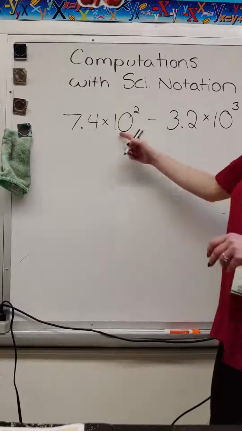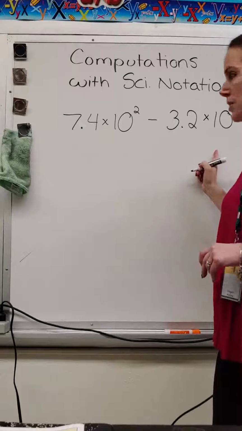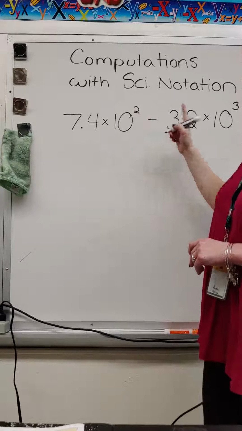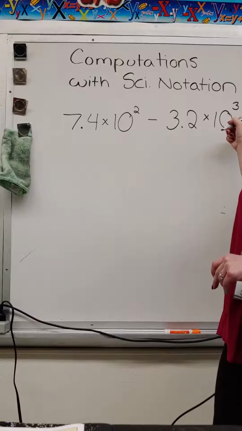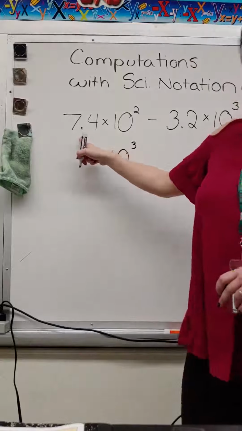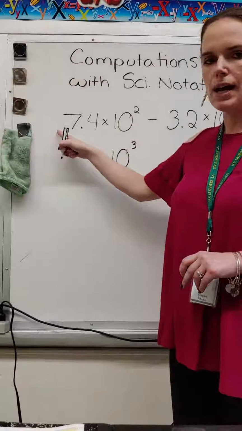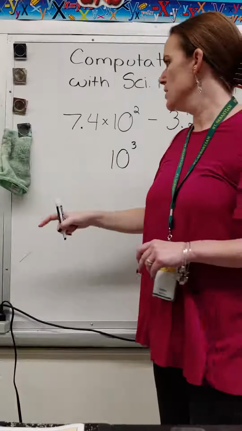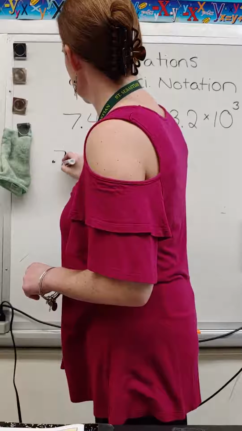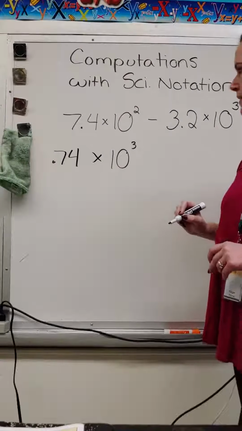So I need these to both be squared, or I need them to both be cubed. So if I want to make this one bigger to match this cubed term, then I've got to make this one space smaller. So that means this is going to be 0.74 times 10 to the third.